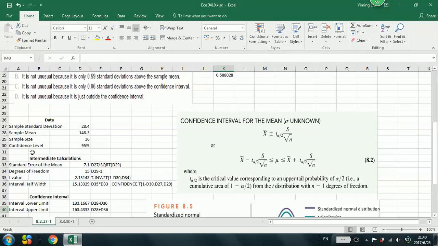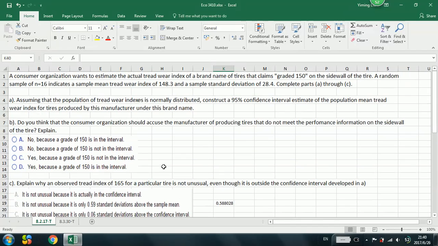For example, if we have a 95% confidence interval, alpha is 1 minus 95%, which is 5%, so half of alpha is 2.5%. If we look at the t-distribution table, we want the 0.975 cumulative probability of that distribution with a degree of freedom of n-1.